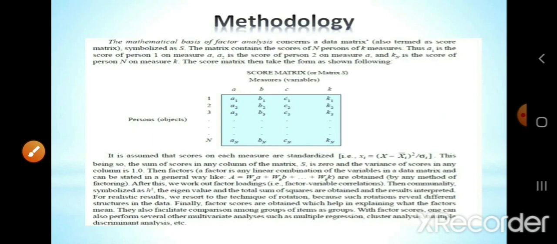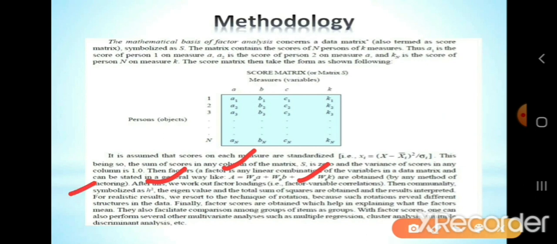After obtaining the factors, we'll work out the factor loading. Factor loading shows the factor and variable correlations. Then we will calculate the communality, which is symbolized by h square. Then the eigenvalues and total sum of squares will be obtained, and based on these, we will interpret the results.